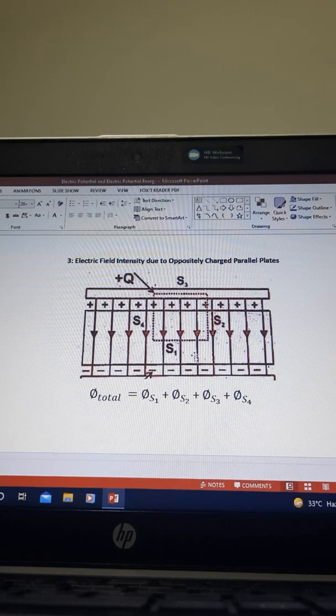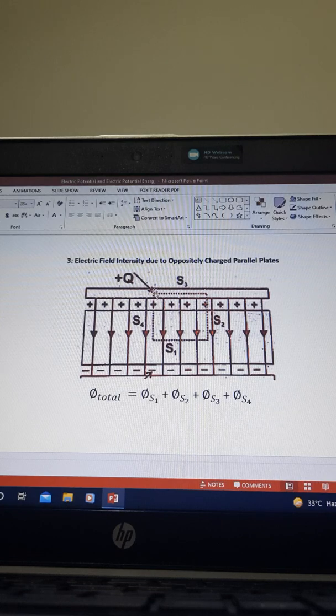But firstly, we have to consider a Gaussian surface just like in the previous two applications. So a rectangular Gaussian surface is considered for the two oppositely charged parallel plate system, and there are actually four surfaces for that rectangular system.